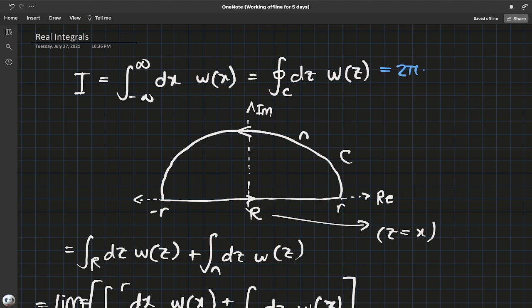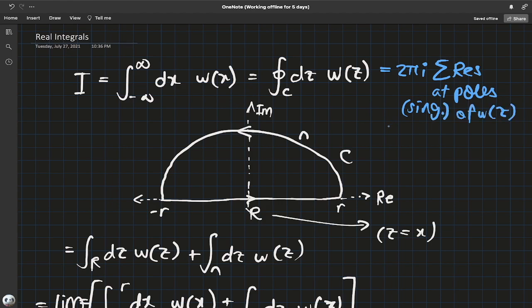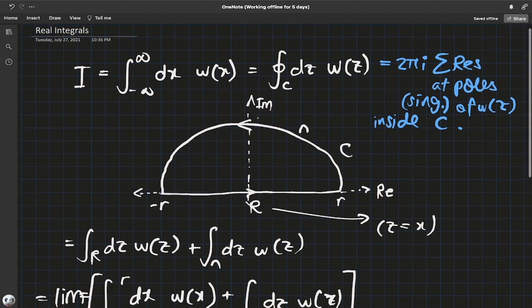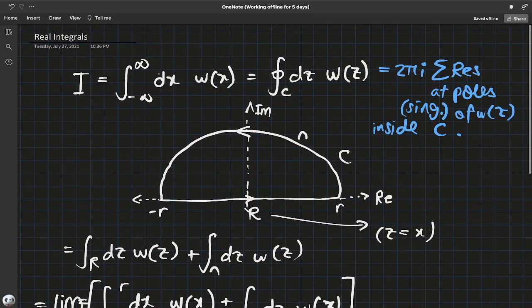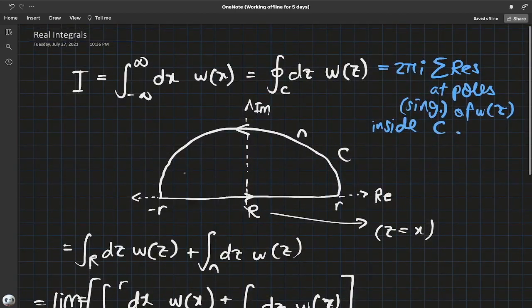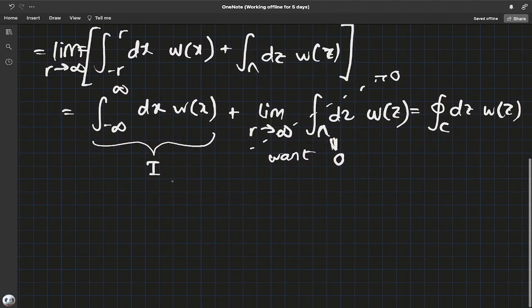This is 2 pi i times the sum of residues at the poles, or a better word is singularities, of w of z which are inside the contour C. Since we know this, setting these two equal, we'll know what the value of this real integral is by this residue theorem formula. That's the motivation behind converting a real integral into a closed loop integral and complexifying it basically.